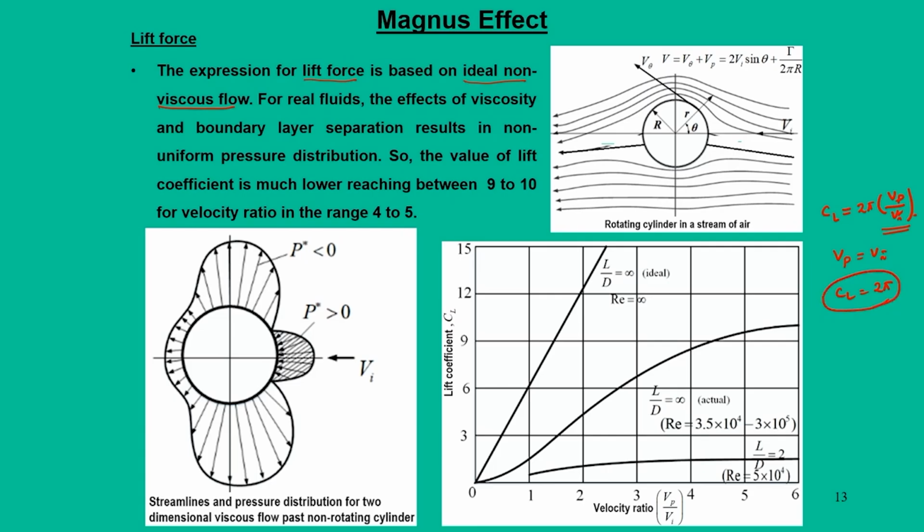This is what the ideal theory is all about, but in reality this is not the case, because there are issues like the effect of viscosity and boundary layer separation that make the pressure distribution non-uniform. So we will not use this ideal theory for realistic applications, and for wind turbine design we have to be more realistic and careful.